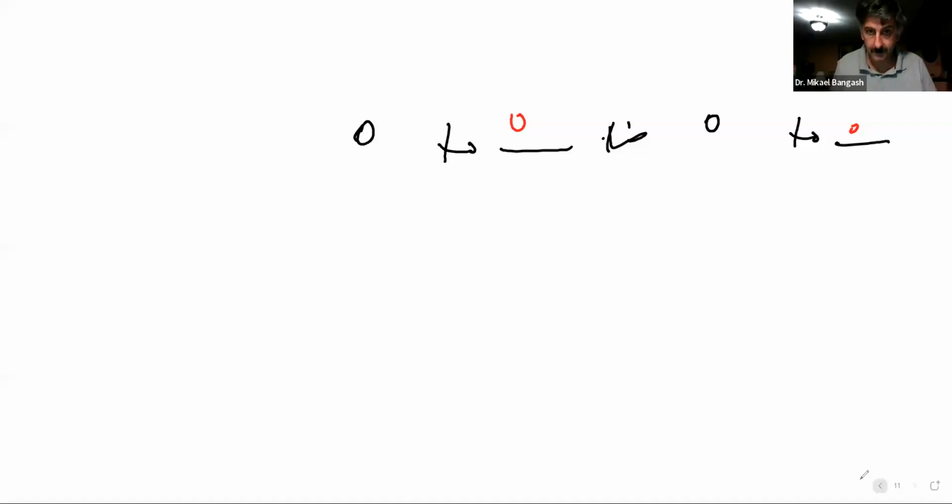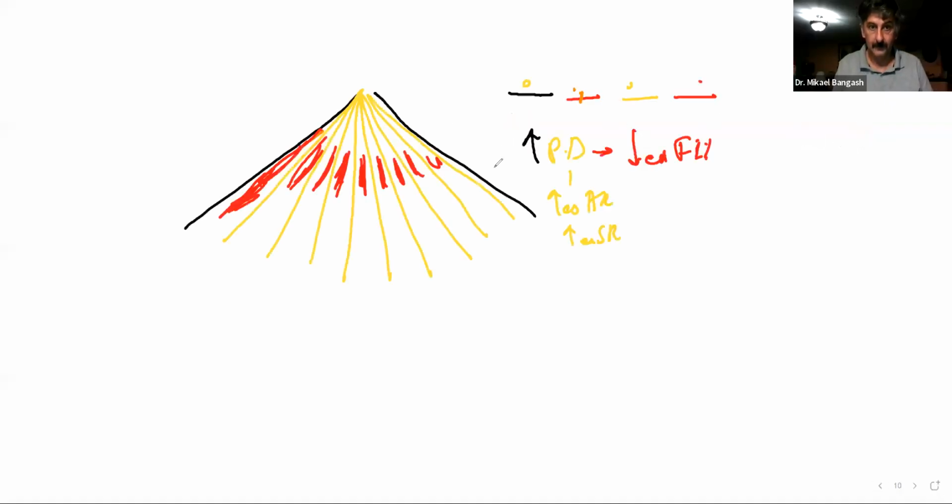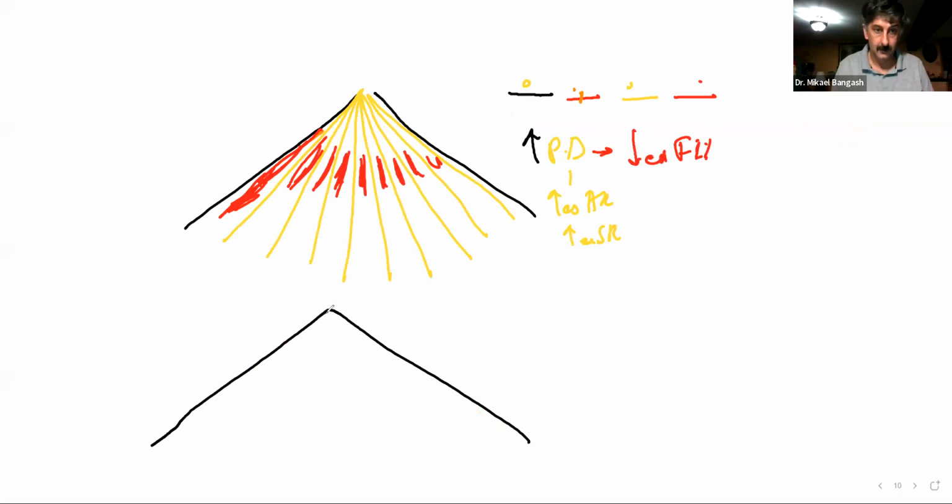Let's compare this one here to a sector shape image of the same size. Now what about the pulse density here?